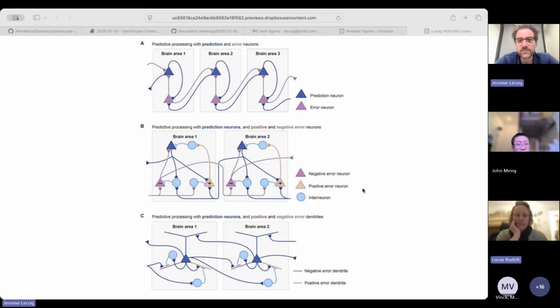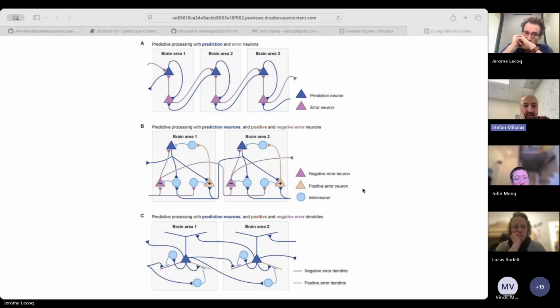Yeah. Stefan? So as a quick proposal, a lot of the emphasis in here is on the local circuit, and the connections between areas seem to be minimized.